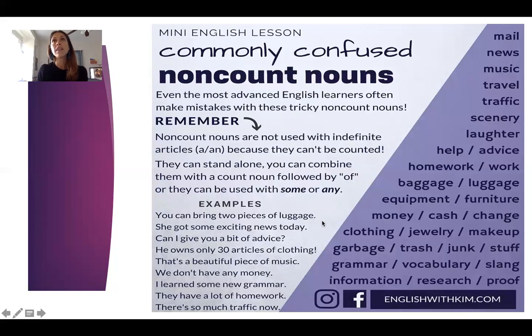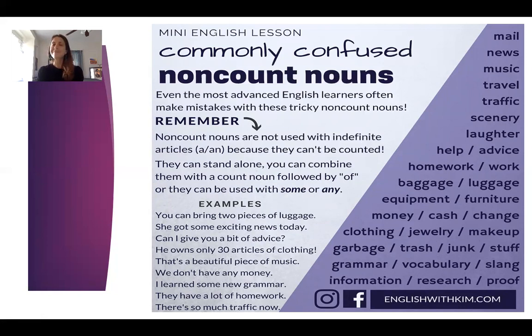When you go to the airport to fly somewhere, they don't say, how many luggages do you have? They would say, how many pieces of luggage do you have? And that literally means a suitcase, a backpack, a rolling bag. She got some exciting news today. News, we don't say the news is, okay? We say some exciting news.